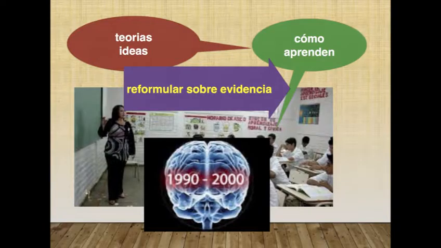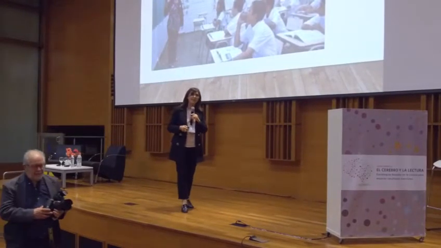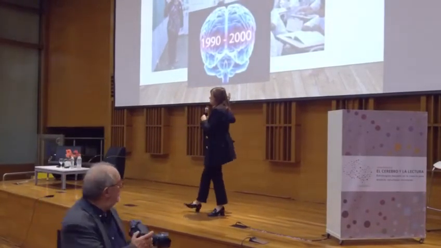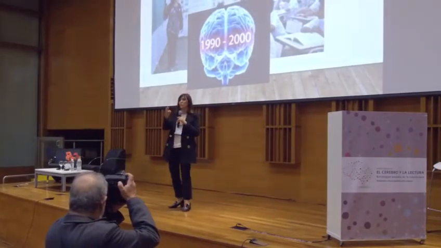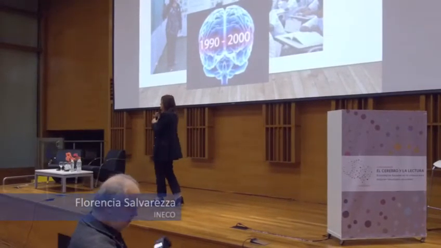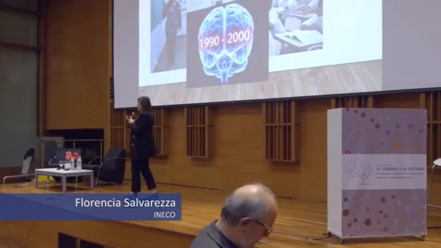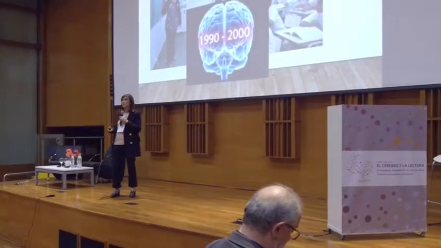I think there were 30 years in all, very important periods where they coined fundamental theories regarding literacy and other issues that were used, and they're still being used, but they were very important indeed until at some point in time, which was the brain decade between 1990 and 2000, all these studies started on. We were able to see the brain and to start to confront the hypotheses and theories with scientific facts.